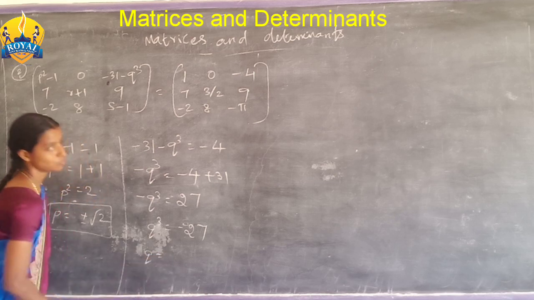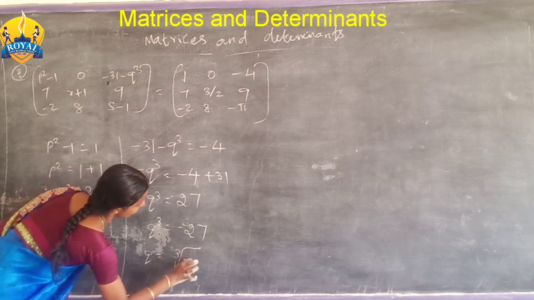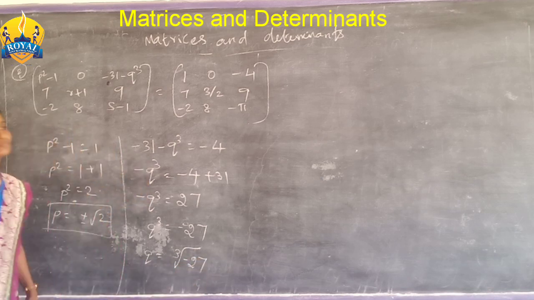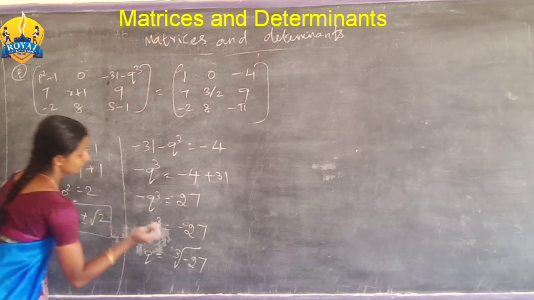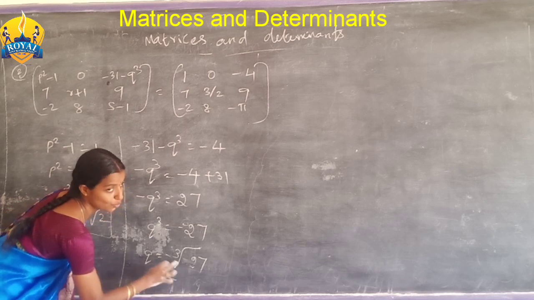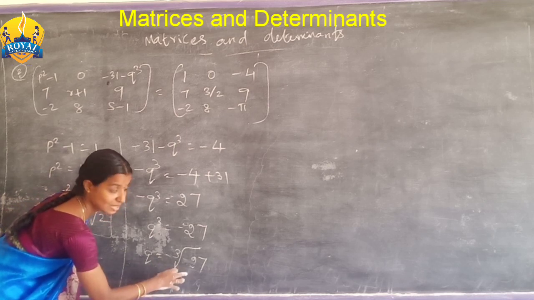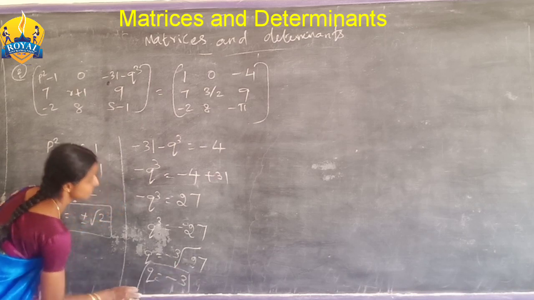So Q equals the cube root of minus 27. The cube root of 27 is 3, so the value of Q equals minus 3.